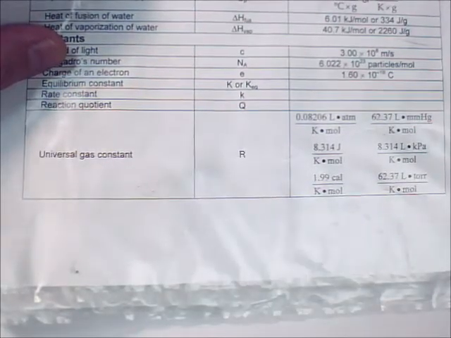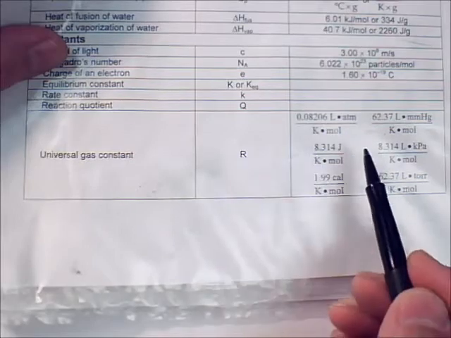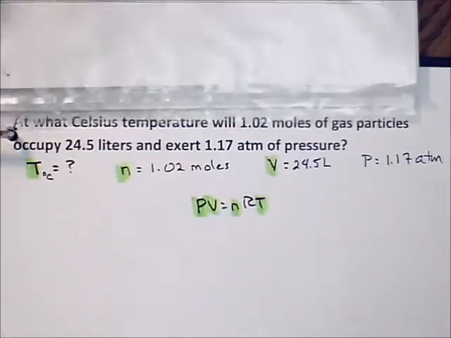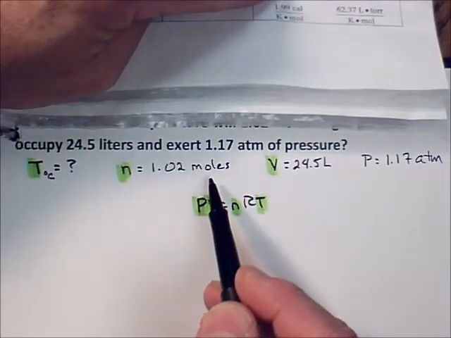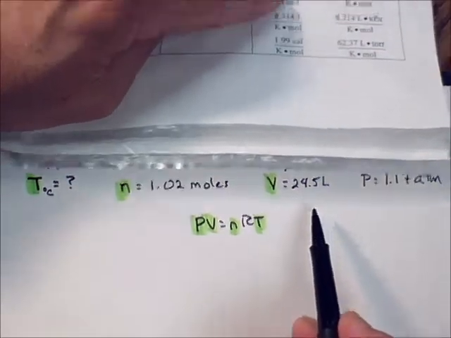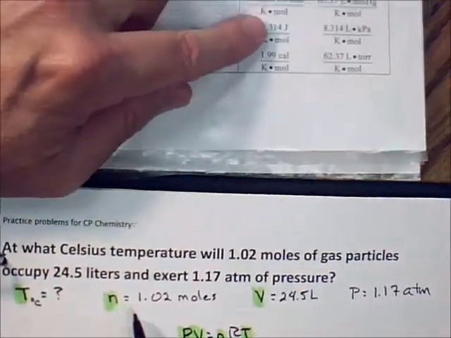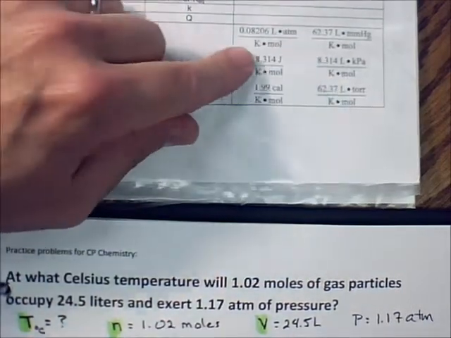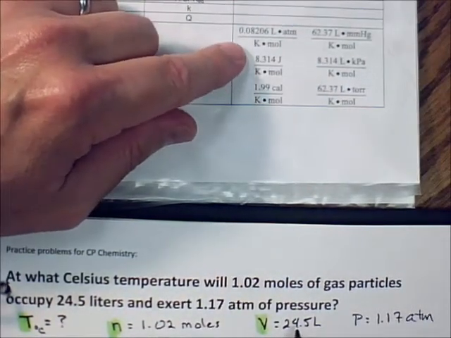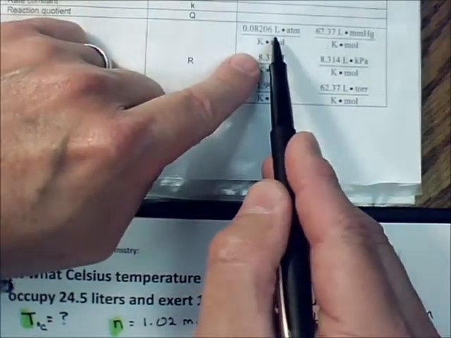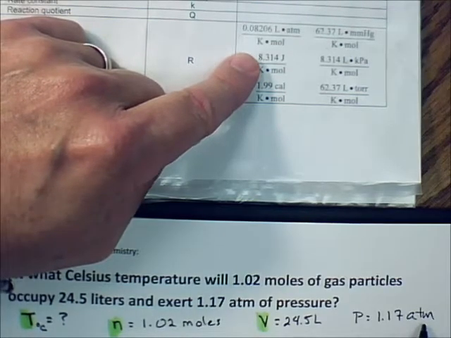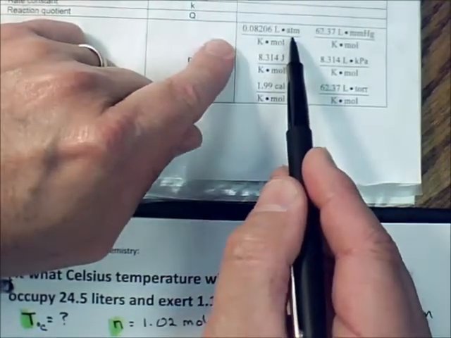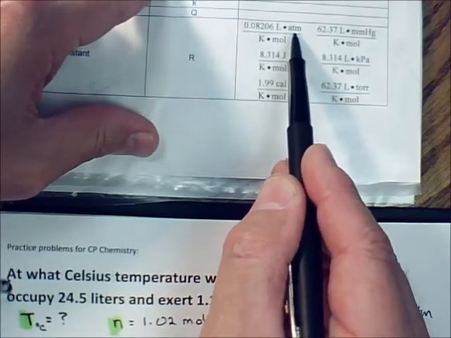What we need is a value of R that matches the units of measurement that we already have. So let's look up here at the units of measurement we have. We have moles in N. We've got volume in liters. I've got moles on all four of these right here. I've got liters in all four of these. But I've got pressure in atmospheres, and this is the only value for R that has atmospheres.